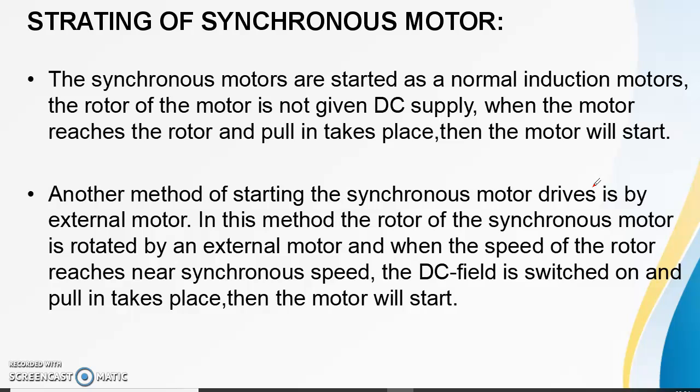In this method, the rotor of the synchronous motor is rotated by an external motor, and when the speed of the rotor reaches the synchronous speed, the DC field is switched on. That is, DC current is supplied to the rotor of the synchronous motor, and then pull-in takes place, then the motor will start. This is the overall starting of the synchronous motor.